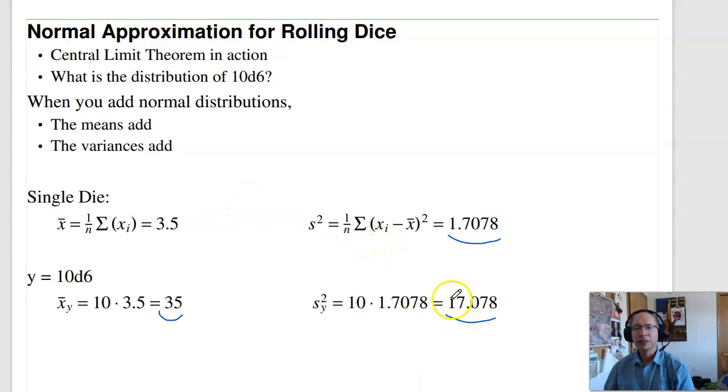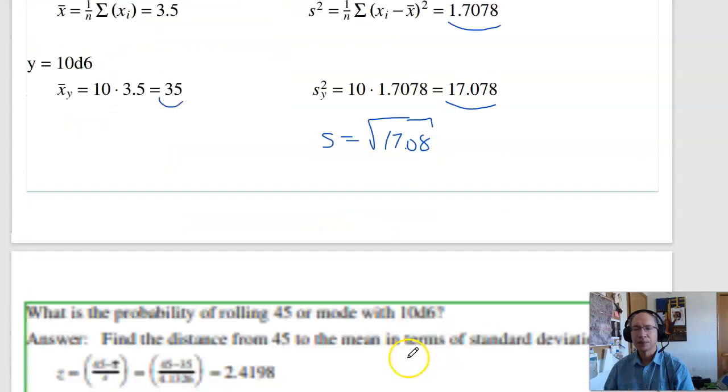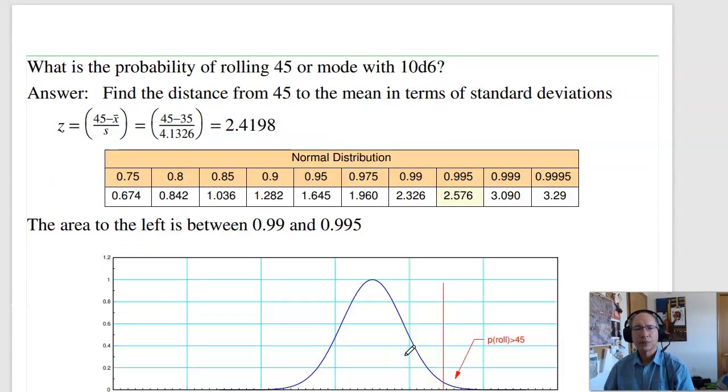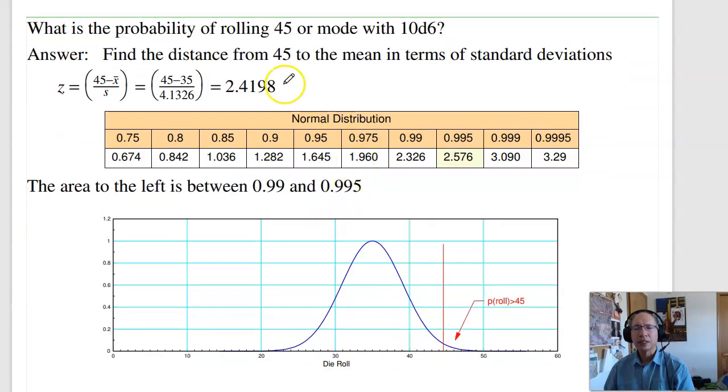The variance is the square of the standard deviation. Take the square root. That's the standard deviation. The z-score then is how far, if I have a bell-shaped curve, my data is from the mean in terms of standard deviations.